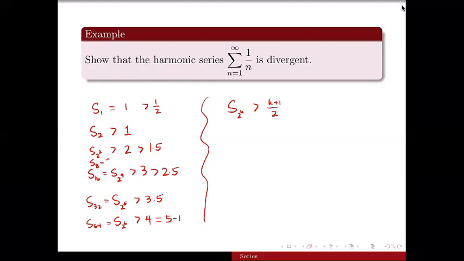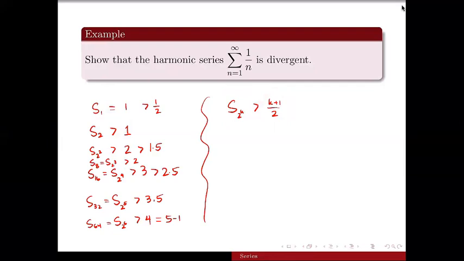S sub 8, that's S sub 2 to the 3. And this guy here, it's greater than 2. So you can insert that, etc. So for any k, S sub 2 to the k is greater than k plus 1 over 2.